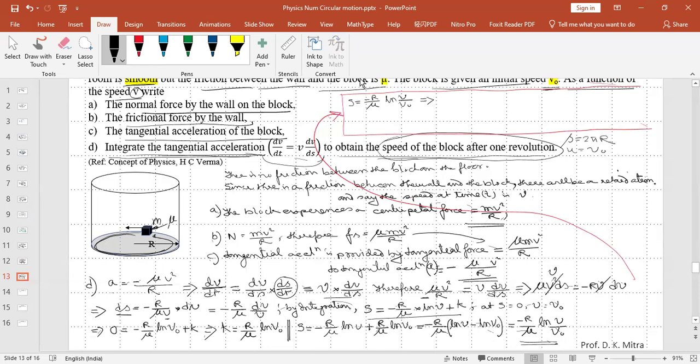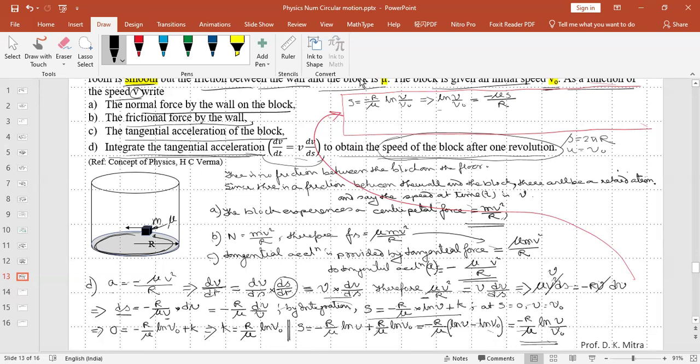I find natural log of v upon v0 is equal to minus mu s by r.